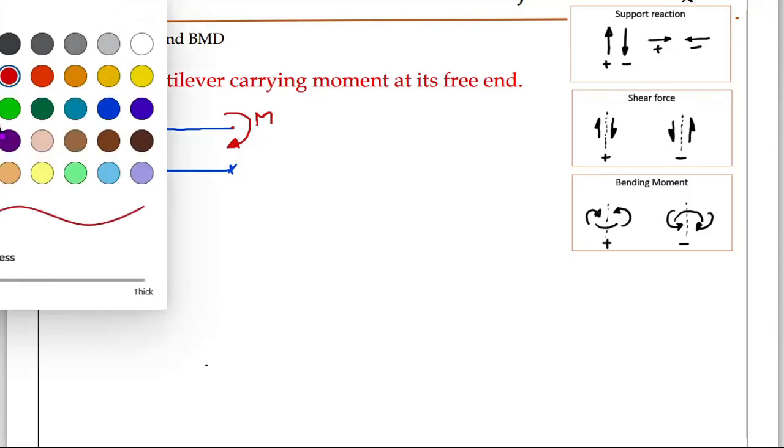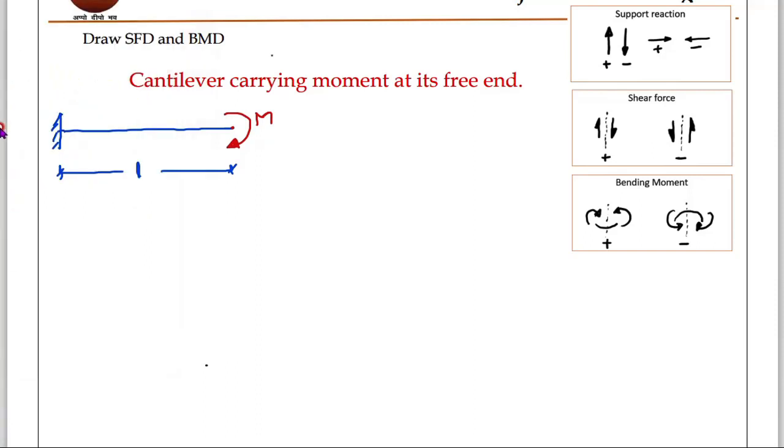Then we should know there are two points here, and we will name them. This point I will call A, and this point I will call B. A and B points are there. Now always remember, whenever you are dealing with a cantilever, come from the free end.